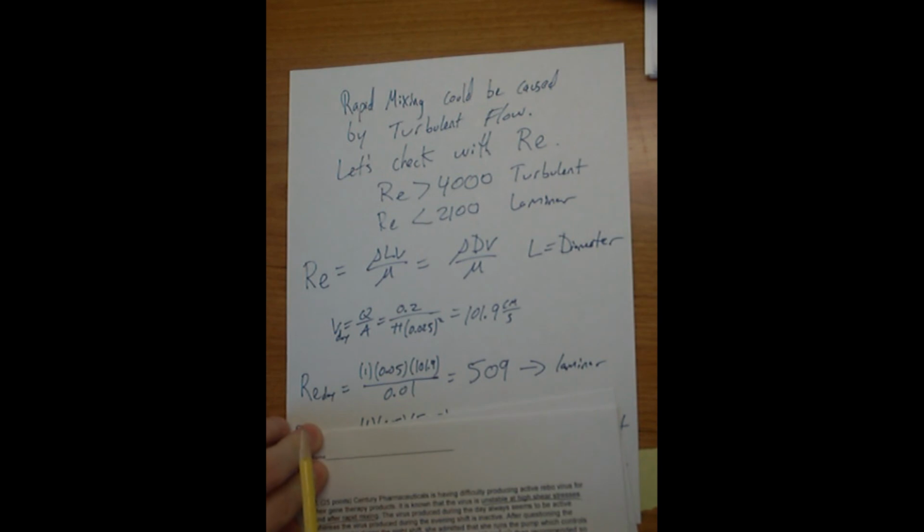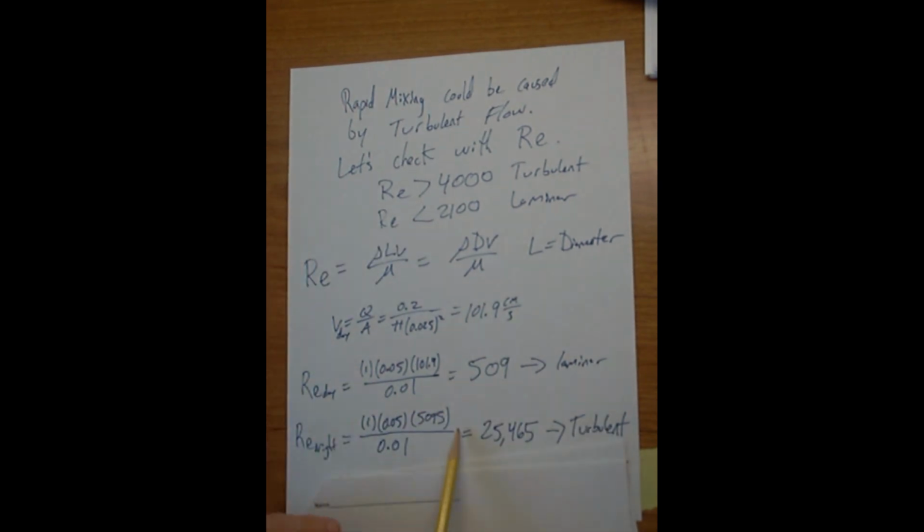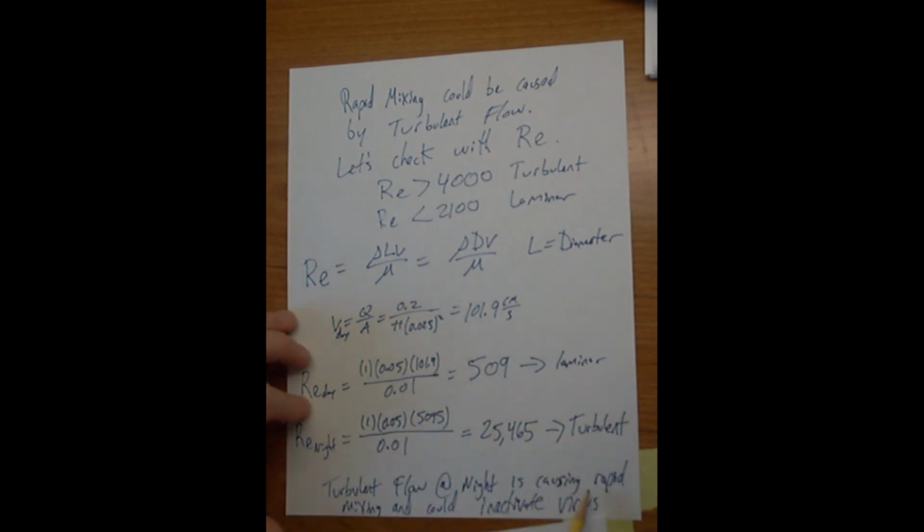We can go ahead and calculate the Reynolds number here in the day. We find out that it's 509, which is less than 2100, so it's laminar flow. And at nighttime we see that our velocity is 5,095, and the Reynolds number therefore is 25,465, which is turbulent. So the turbulent flow at night is causing rapid mixing and could inactivate the virus.